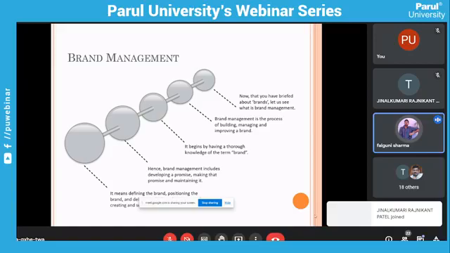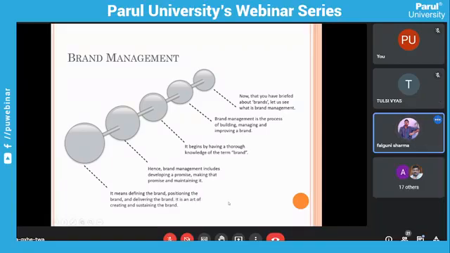Hence brand management includes developing a promise, making that promise and maintaining it. It means defining the brand, positioning the brand, delivering the brand. It is an art of creating and sustaining a brand. That is brand management actually.